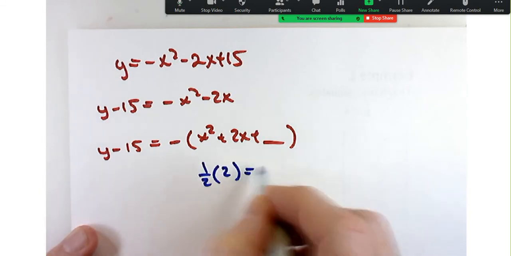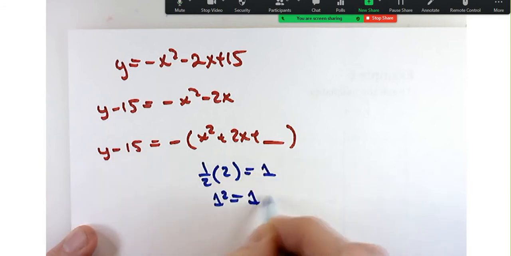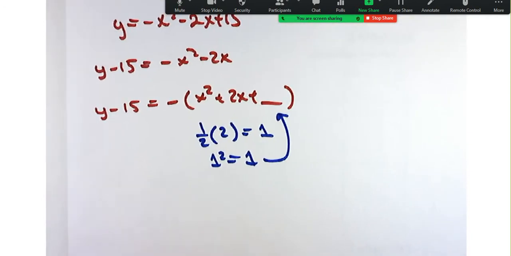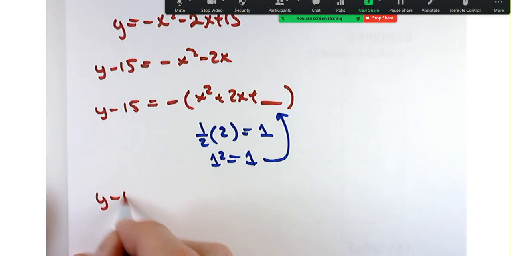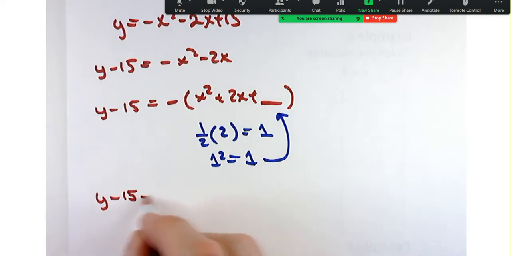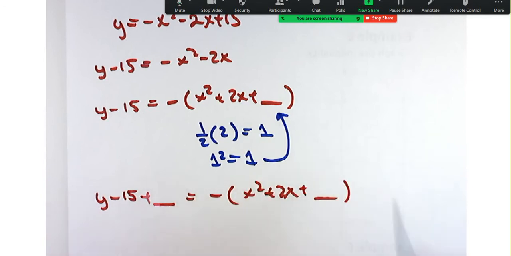Now I'll play that game of complete the square. Half of 2 is 1. 1 squared is also 1. So I'm going to put a 1 there. But there's a little tiny tricky part here. Let's see. A little Photoshop here. Plus something equals negative x squared plus 2x plus something.